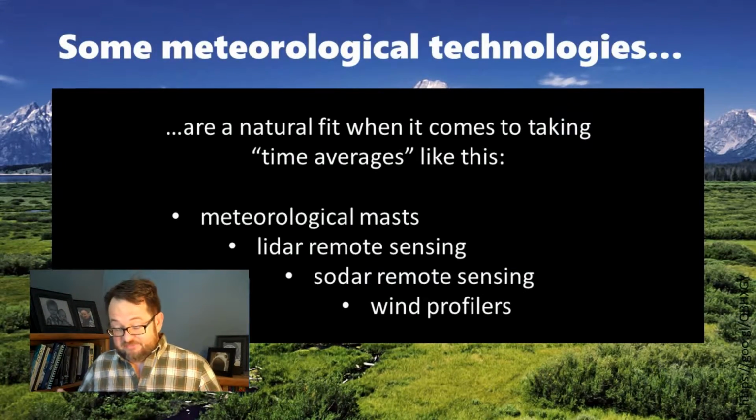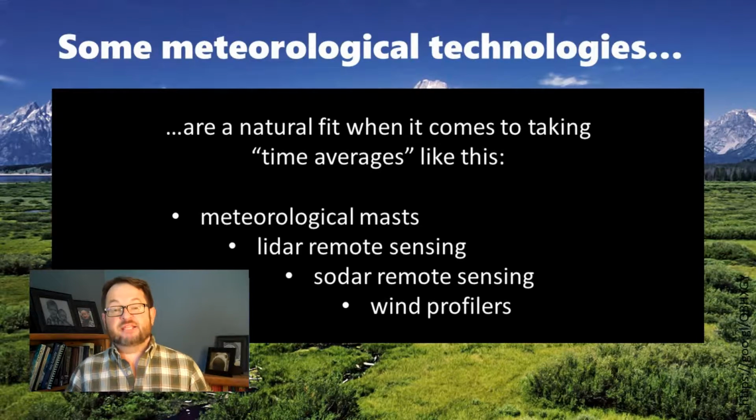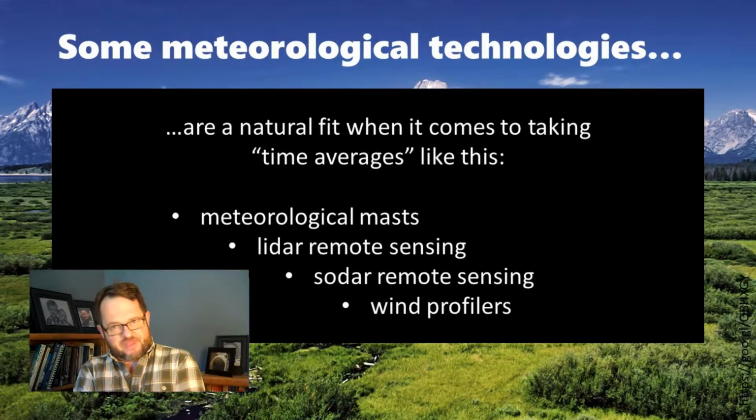Now, some of these meteorological instruments that we're going to be getting this information from are a natural fit for getting that kind of time average data. Something like a meteorological mast, or a LiDAR station, or a SODAR station, or a wind profiler. The station is, well, that's what the word means, stationary, and the air flows past it.